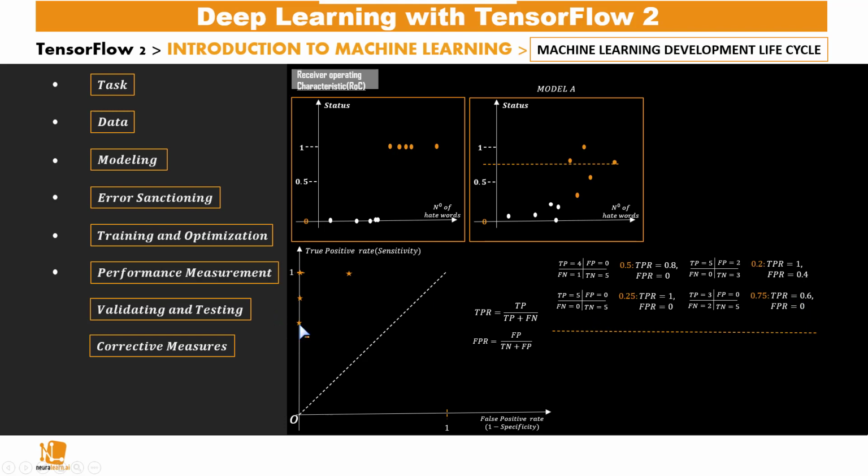Now you should note that to come up with this plot right here, we should be able to take in a good number of thresholds ranging between 0 and 1, as the aim of this whole process is to look for the most appropriate threshold, that is that threshold which permits us to have the highest possible true positive rate while at the same time having the lowest possible false positive rate.